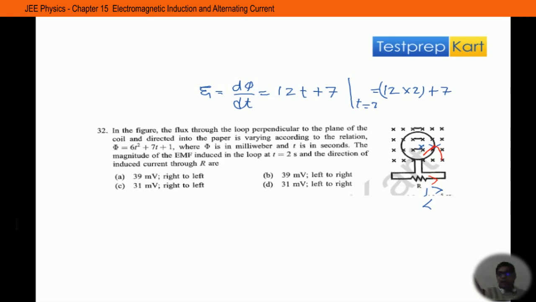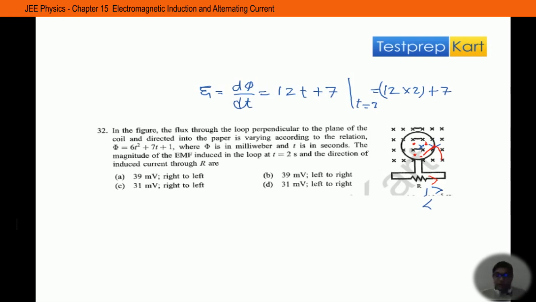Again, if you hold the conductor, then you can see that your thumb and fingers inside the coil are coming out of the page. So it means we'll get a magnetic field in the opposite direction. And it supports Lenz's law that every induced quantity always opposes the reason behind its induction.